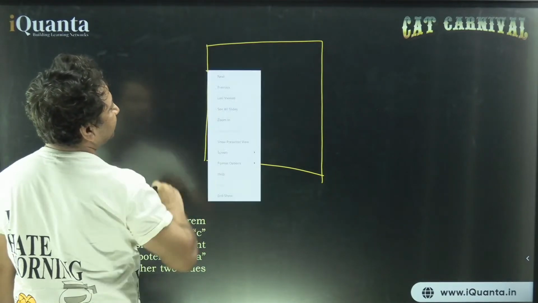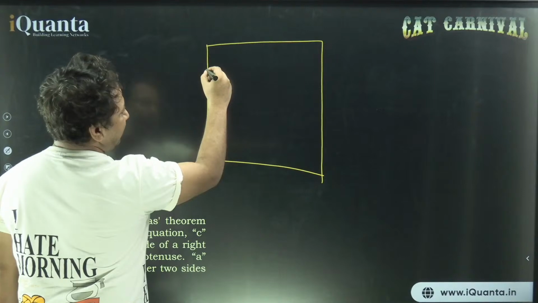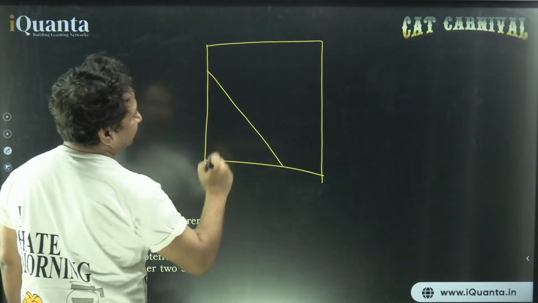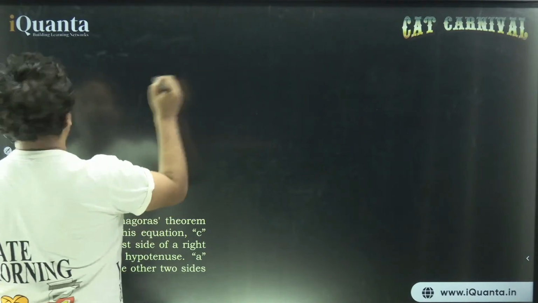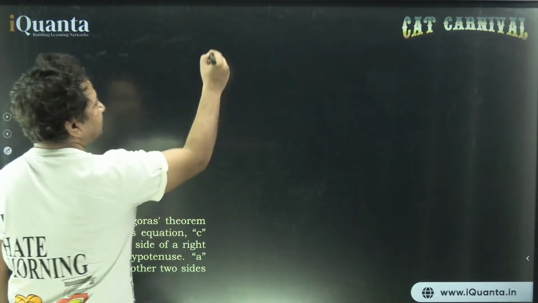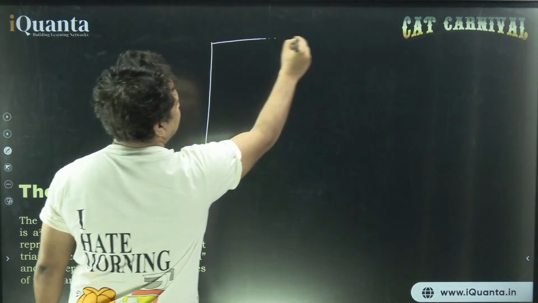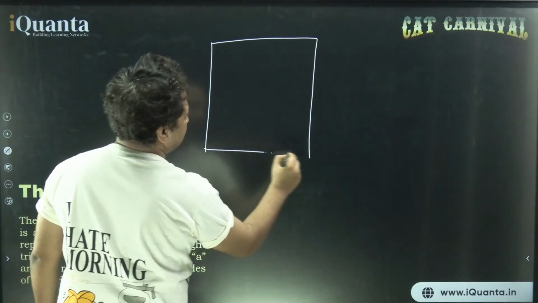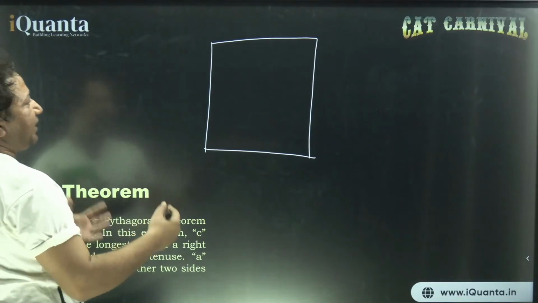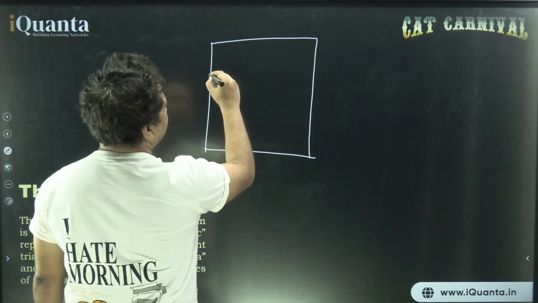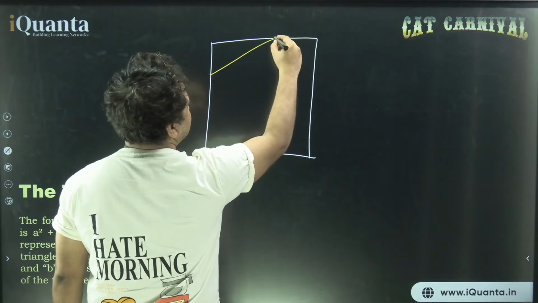First point here. And if I join them like this, wait, I'll do it in a better way. I'll change the colors. So we have a white square like this. And now I'll put another square, a smaller square here, like this.